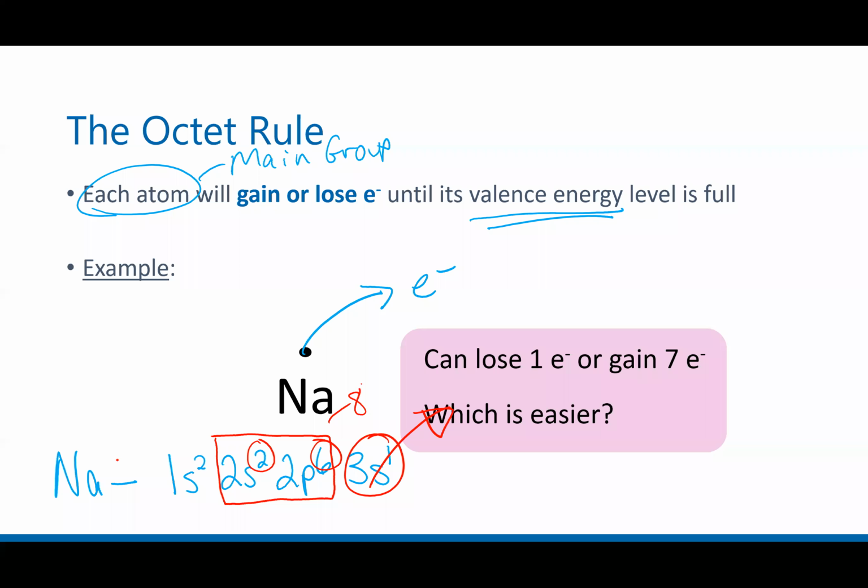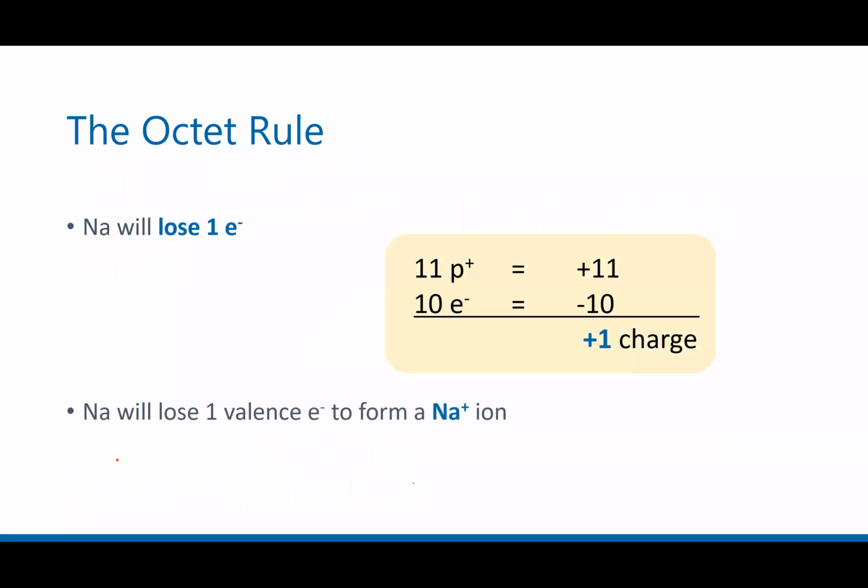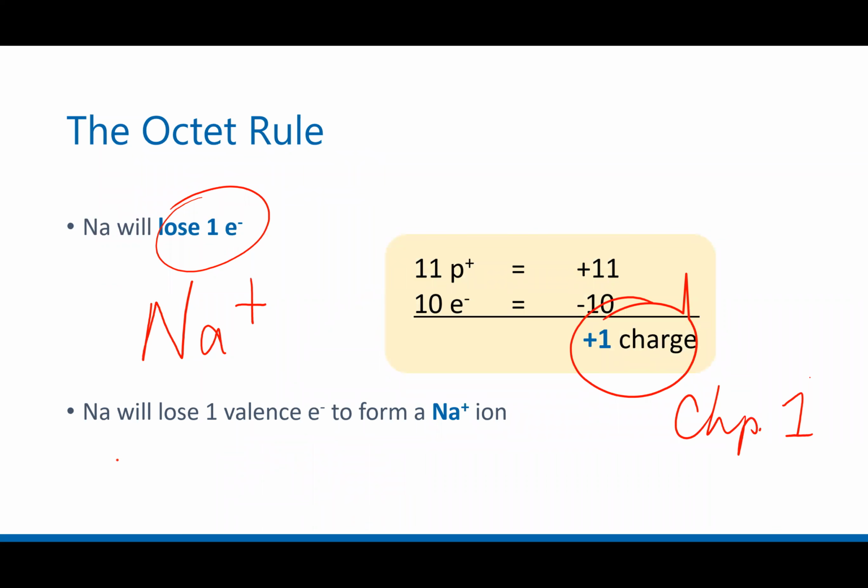When sodium loses 1 electron, that 3s goes away, and now we're left back in the 2nd full energy level. So here's the answer to that question. Sodium will lose 1 electron, and that's exactly why this sodium ion is always Na+1. It loses an electron, so it has 10 electrons, 11 protons, plus 1. We did this in chapter 1.